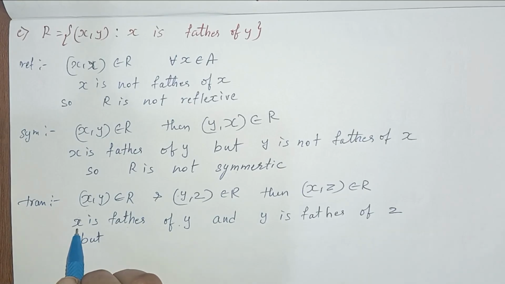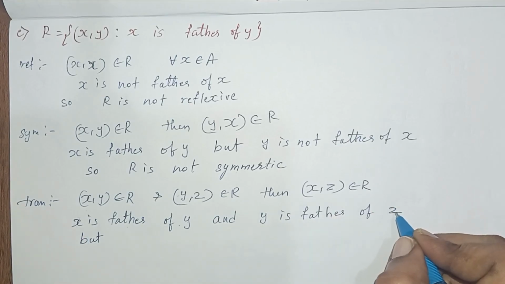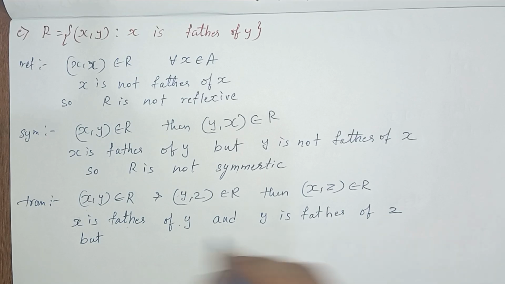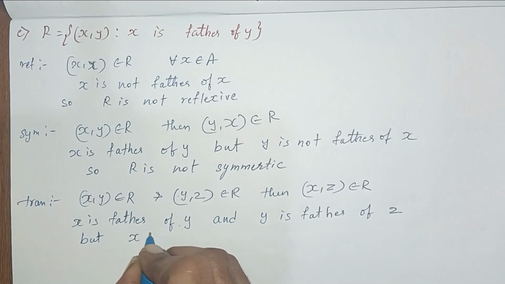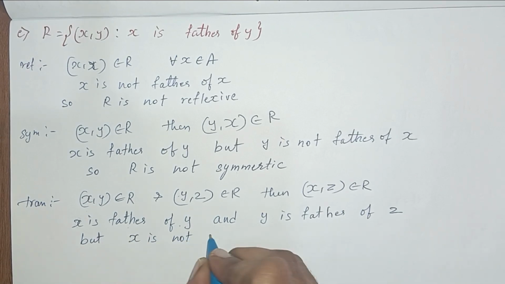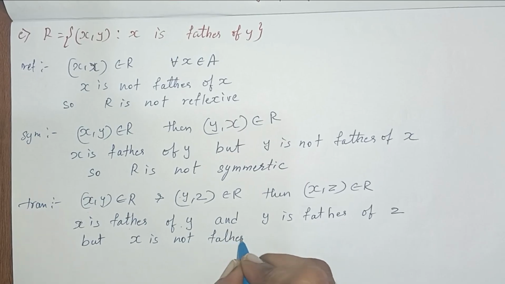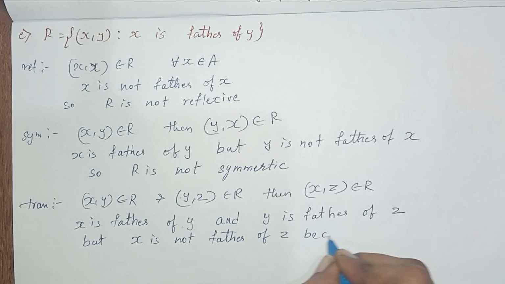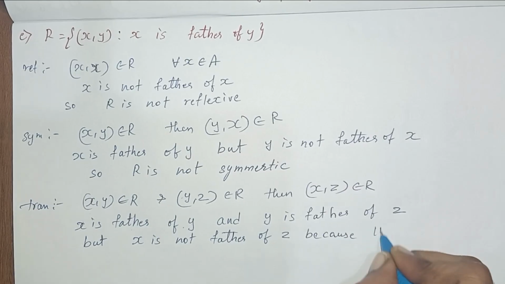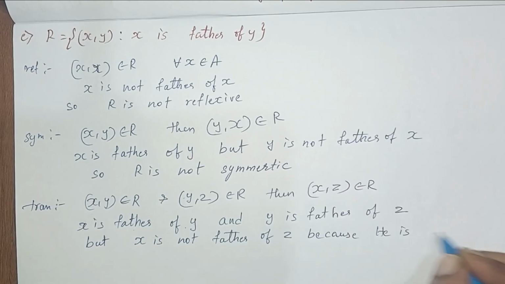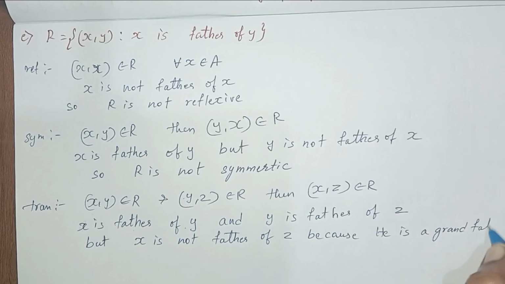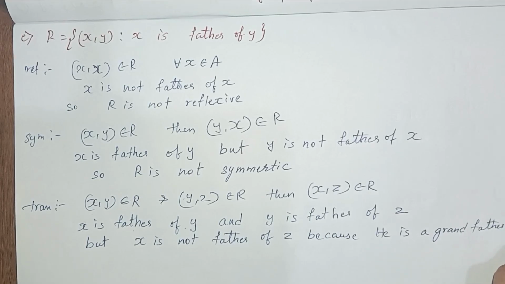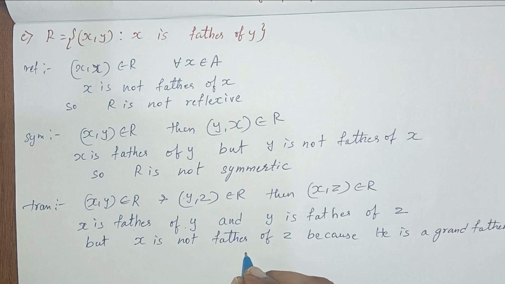But what will x be? X will be the grandpa of you. So he cannot become a father. He is a grandpa of you. So x is not a father of z, because he is the grandfather of z.